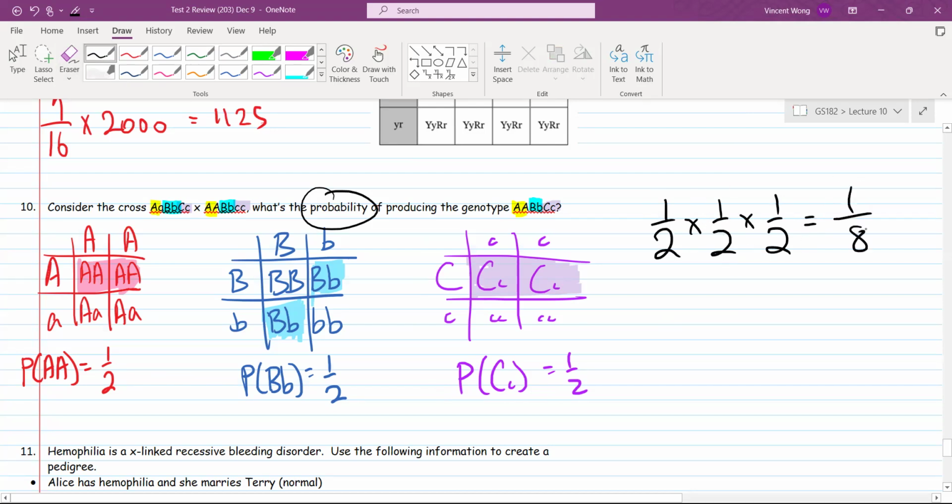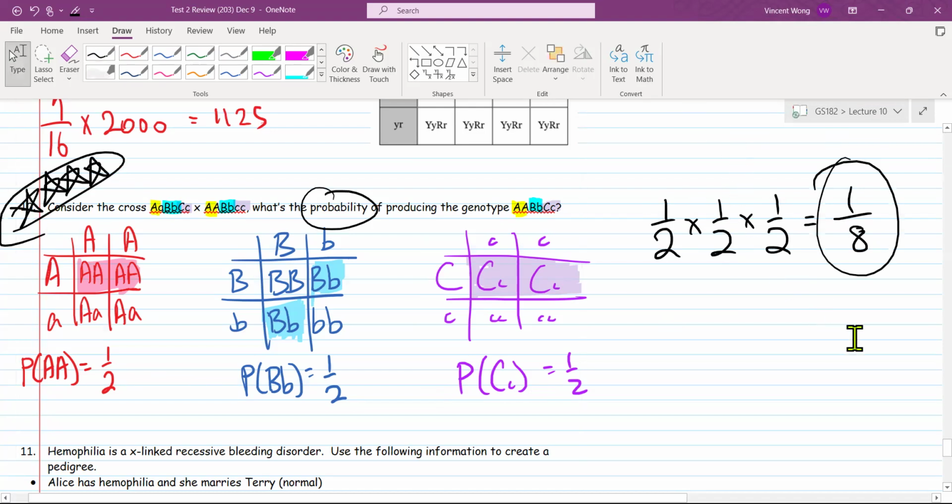So that's going to be 1 over 8. Okay? Please know this. So you basically do it 3 separate times, find the individual probabilities, and then multiply them together. Okay?